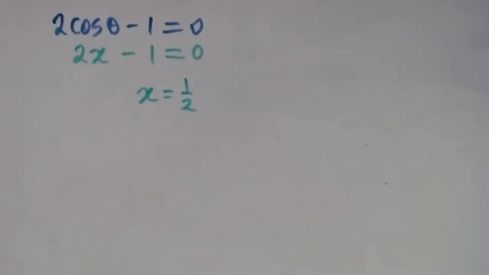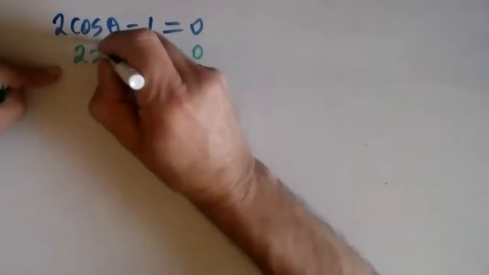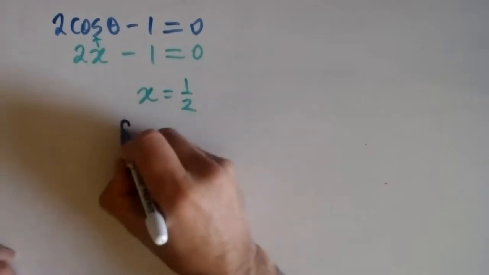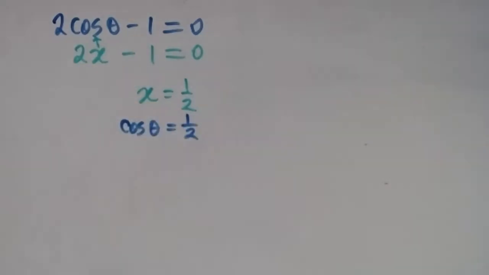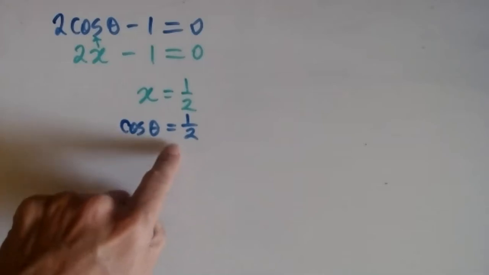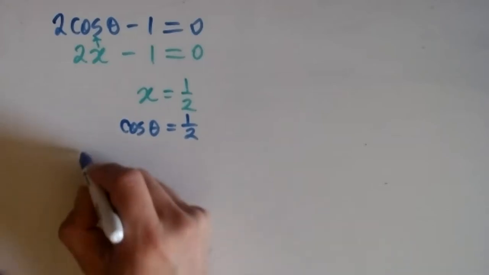Algebra 1, easy. But who's the x? Well, I visualize the x as the cosine, you see? So really, I have cosine of theta equals 1/2, correct? What values intersect 1/2? Let me see.